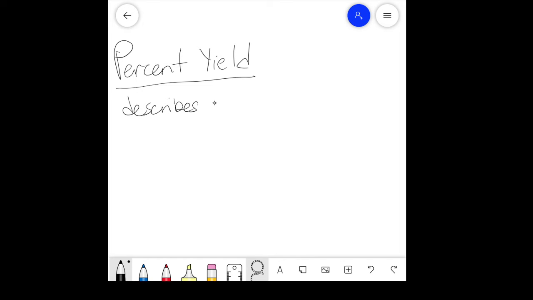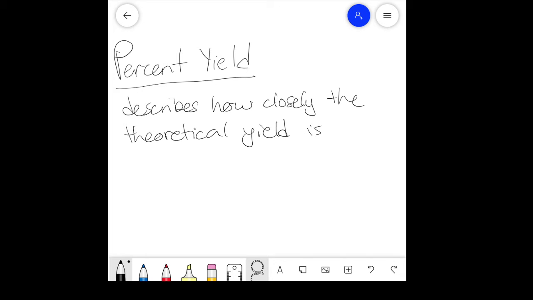So what is percent yield? It describes how closely the theoretical yield, or the yield you calculate you will get, is to the actual yield, the yield you got in the lab.